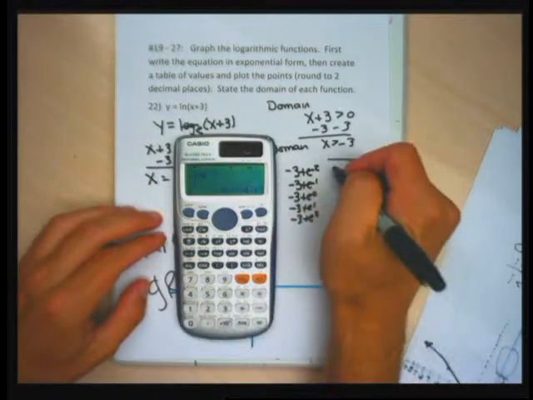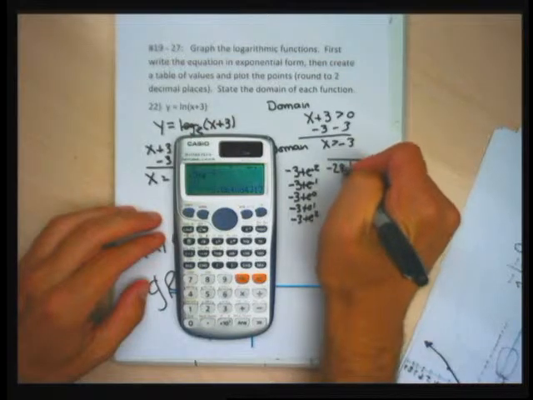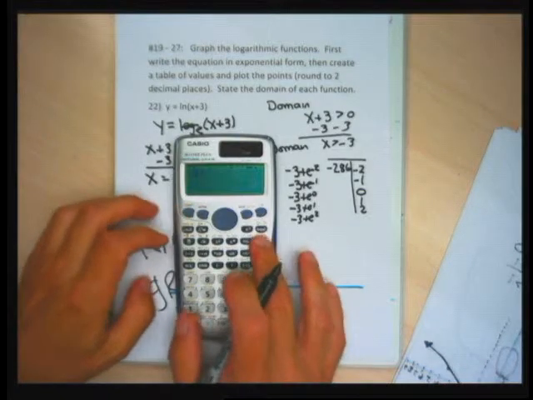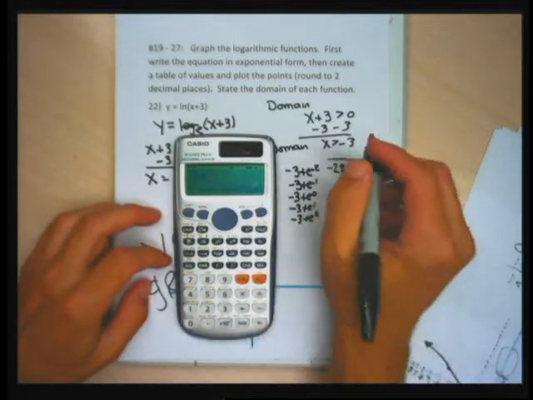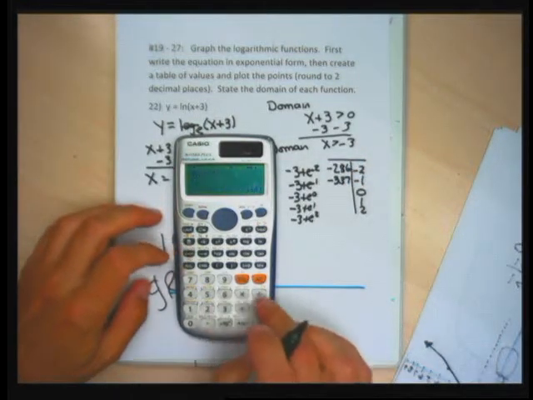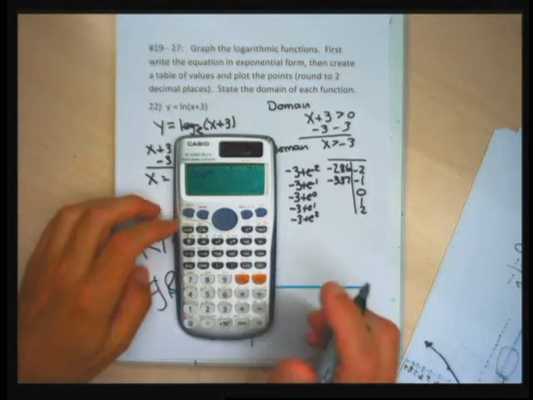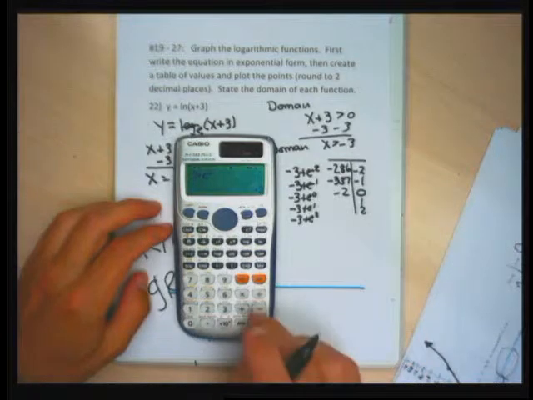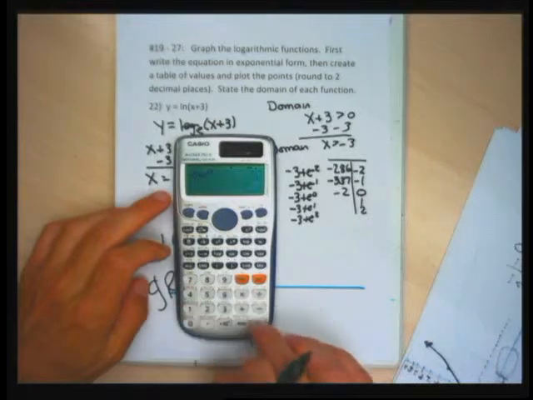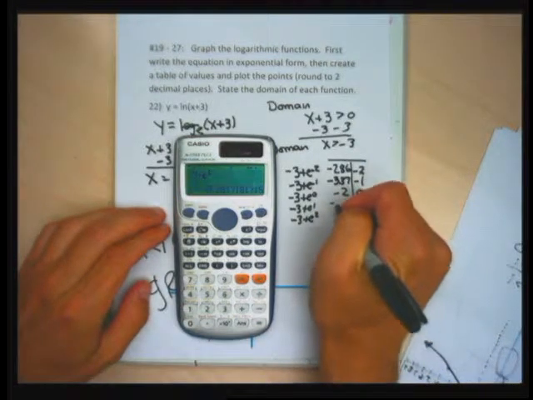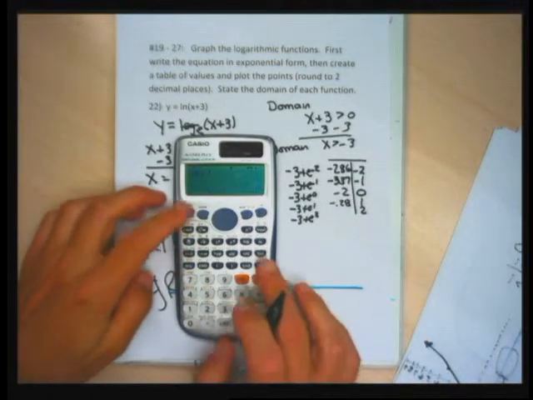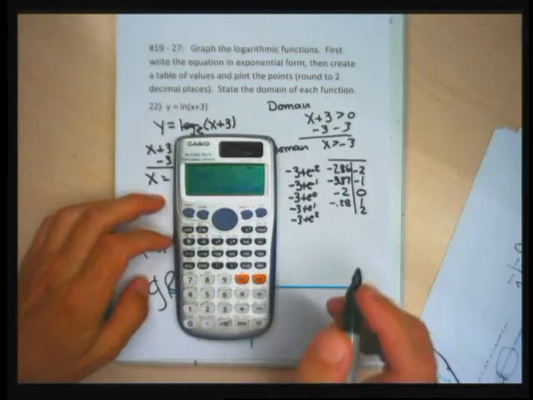I'm going to write -2.86, and then -3 plus shift ln e to the -1, and I get -3.37, and then -3 plus shift e to the 0, I get -2, and then -3 plus shift e to the 1, I get -0.28, and then -3 plus shift ln e squared, I get 4.39.